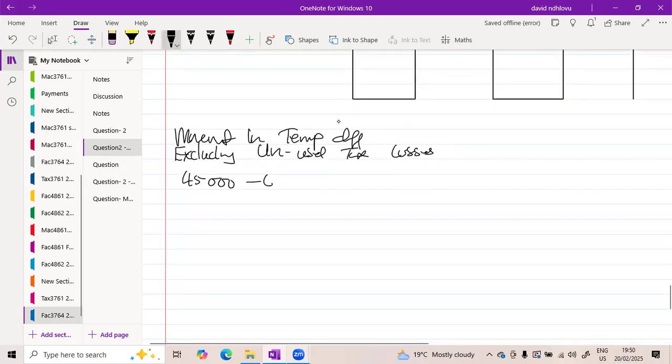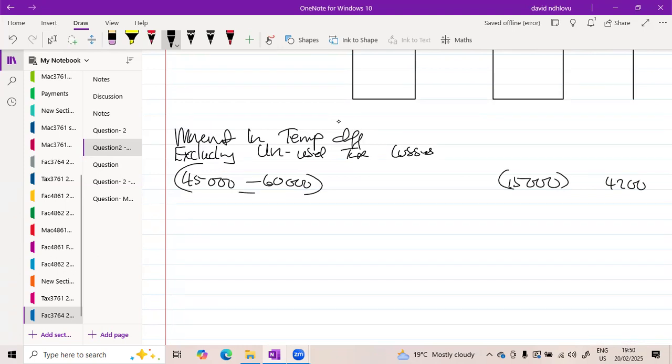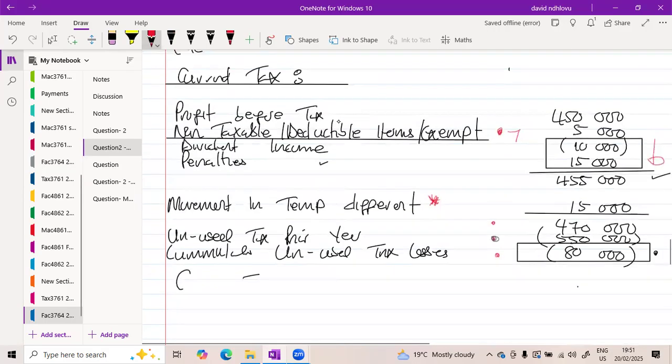Are we still together? So that gives a negative amount. Remember, we need to take this amount to the current tax calculation. So nothing has changed.